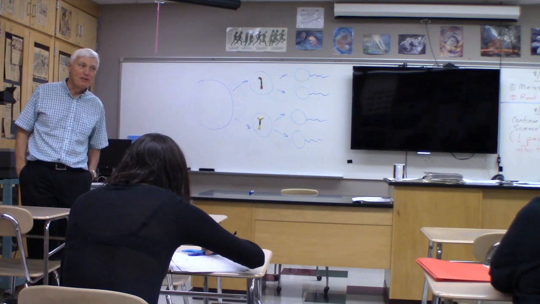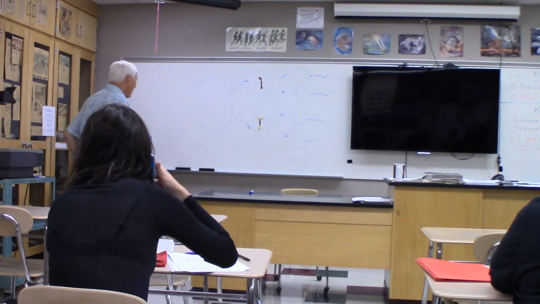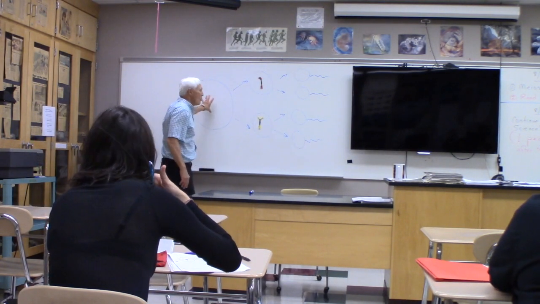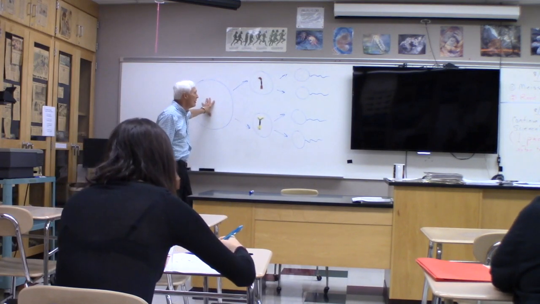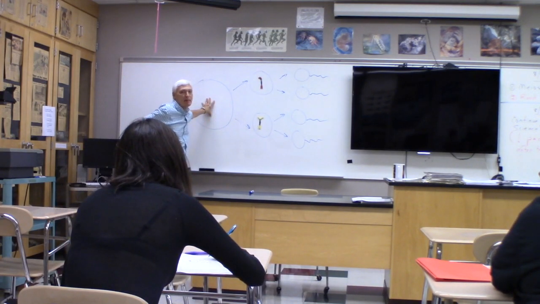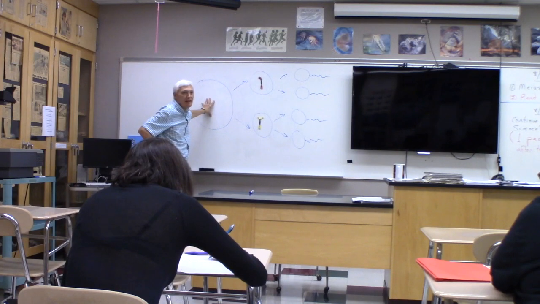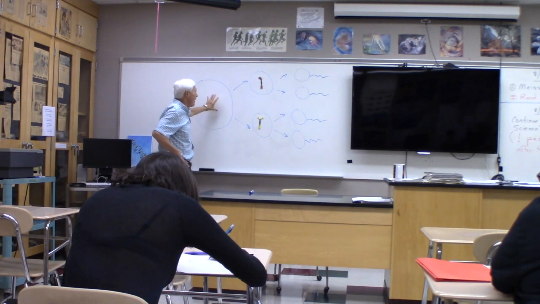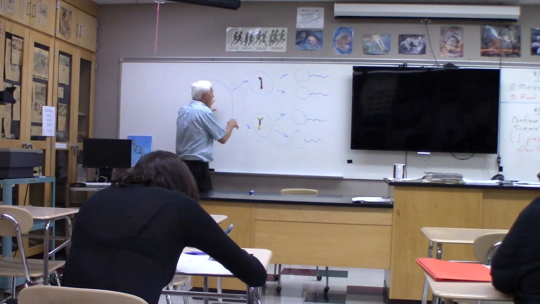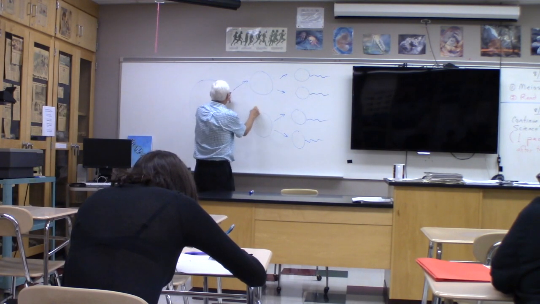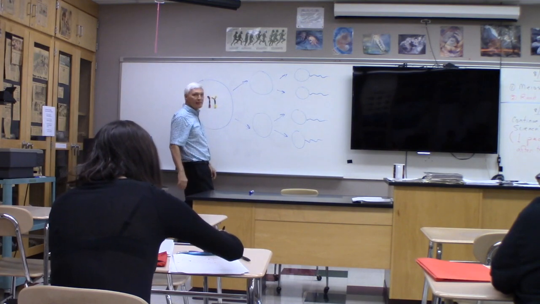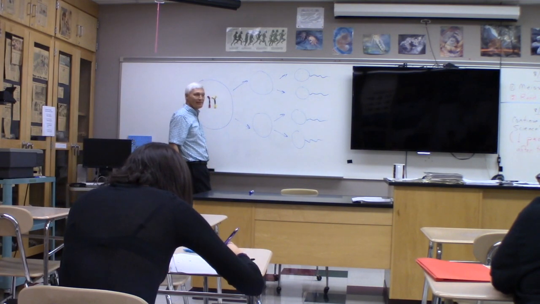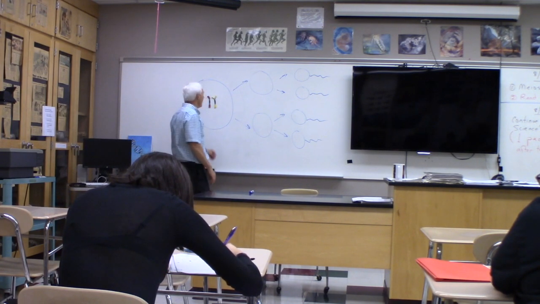Got a quick question before we move on. How many chromosomes were in this cell to begin with, in this plastic diagram up there? 46. Okay, in real life you got 46 in here, right? In our plastic model we've got 2, right?